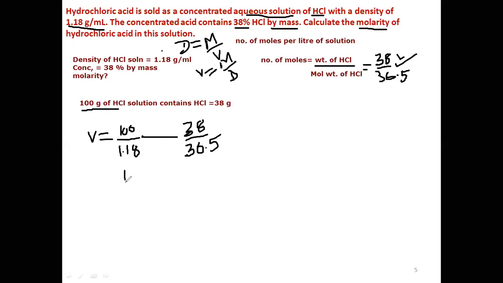So 1 ml will contain 38 divided by 36.5 divided by 100 into 1.18. If we rearrange it, it will come as 1.18 divided by 100, because we have to take it in the denominator. 38 divided by 36.5 into 1.18 divided by 100.